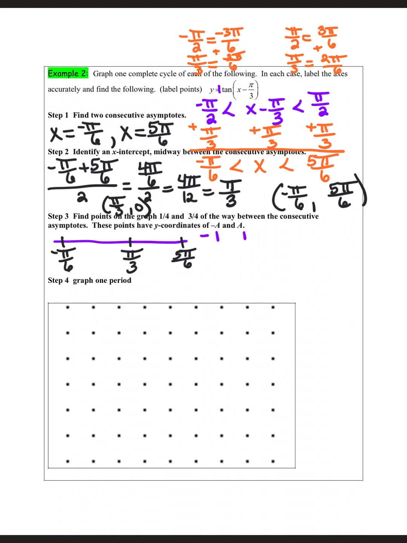So now we need to find halfway between negative pi over 6 and pi over 3, and we're going to divide that by 2. Once again, we get a common denominator of 6, so I multiply pi over 3 by 2 over 2, which gives me negative pi over 6 plus 2 pi over 6 is pi over 6. Divided by 2 is pi over 12.